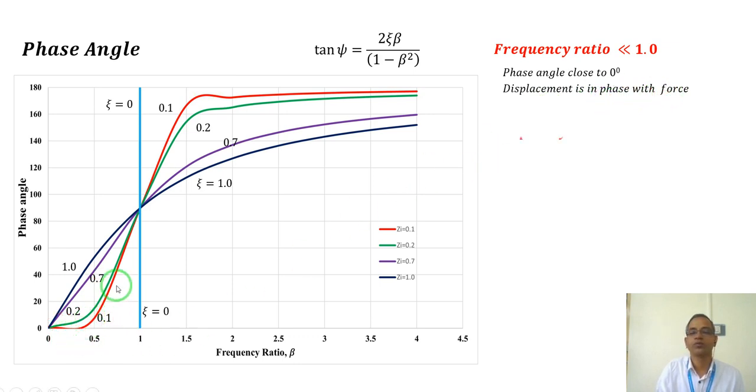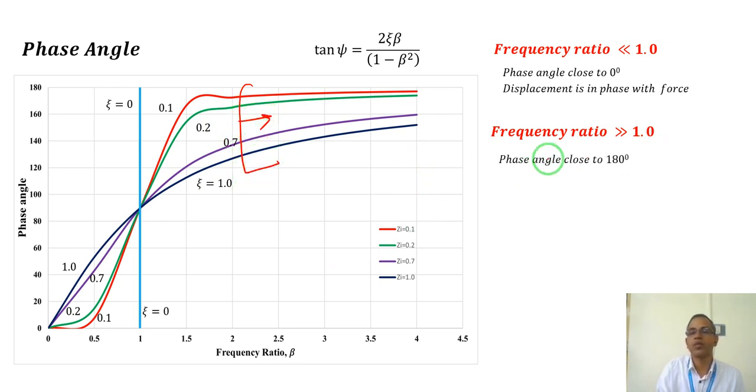Okay. Now, when the frequency ratio is very much more than 1, that means somewhere here, this zone, very much more than 1, what happens? The phase angle is close to 180. As it goes on increasing, you will see it slowly goes like this to 180. That means the displacement is out of phase with the force.